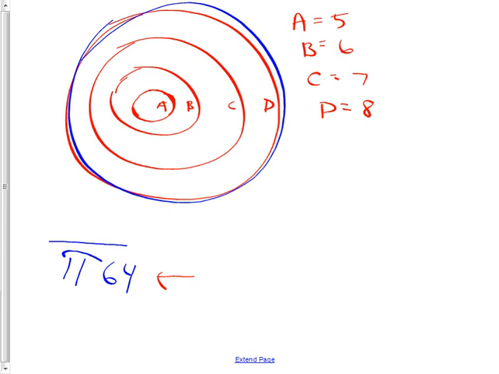Would you please figure out the answer for probability, given that I hit the board, so it stays the same denominator, what's the probability that I hit inside the C or the B circle? C or B.